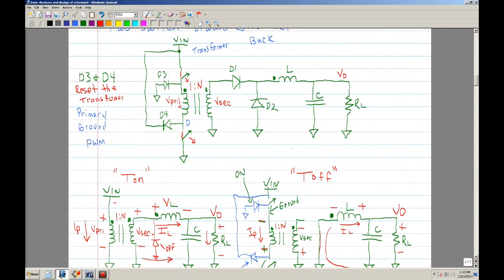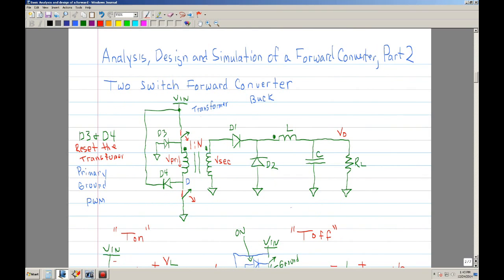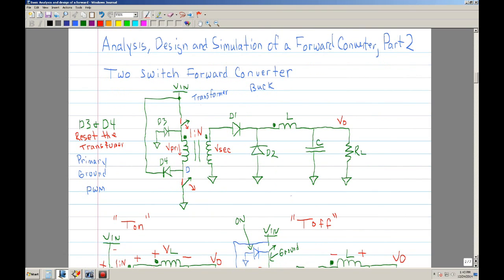In part 2, I showed the technique of analyzing a 2-switch forward converter. In this case, I have a schematic, and the 2-switch forward means that it would have two MOSFETs, one switching the top portion and one the bottom, and with the transformer to provide isolation.